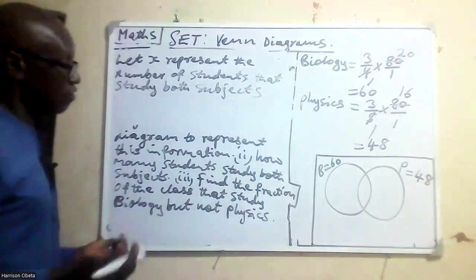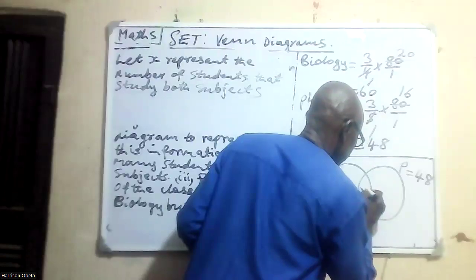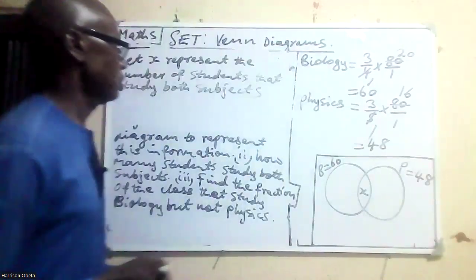Okay, so if that is the case, it means that our X should be here. And that is the intersection.